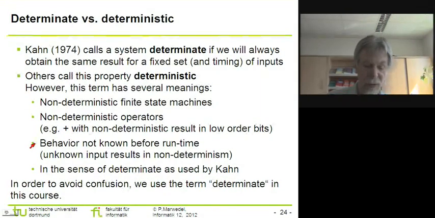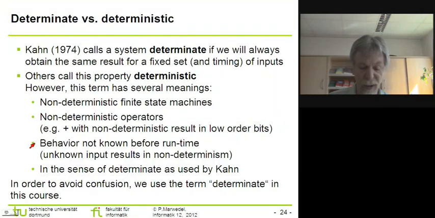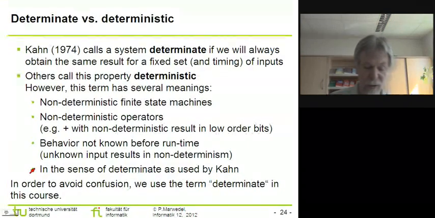Also, some people talk about non-deterministic systems if the behavior of systems is not known before runtime. So if just the precise timing behavior of a system depends on the time at which an input becomes available, these people would call such a system non-deterministic. And finally, there is the use of the term non-deterministic in the sense of non-determinate as used by Kahn.